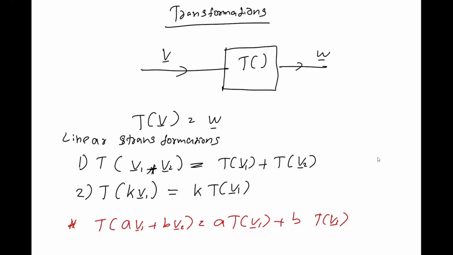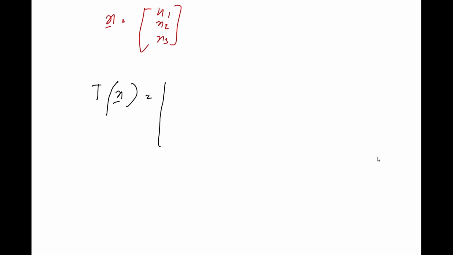I will show you an example. Let's say I get some vector, something like this, x1, x2, x3. I get some transformation T(x), something like this: x1 plus x2, x1 minus x2, x3 plus x1.